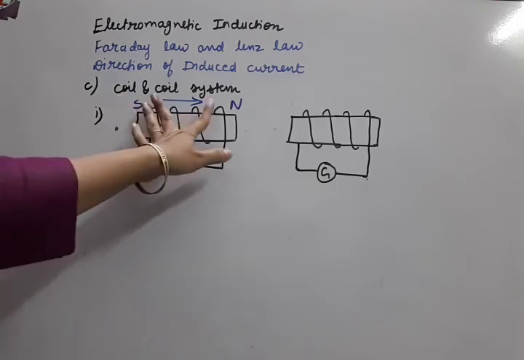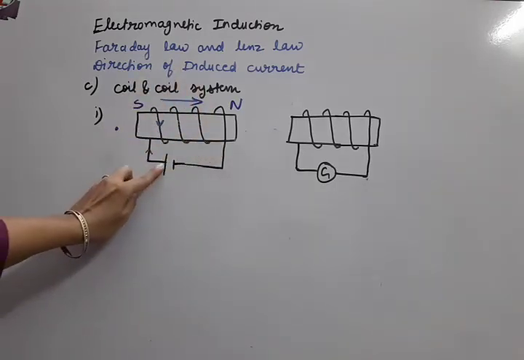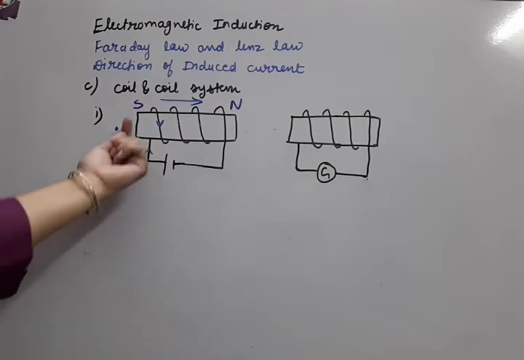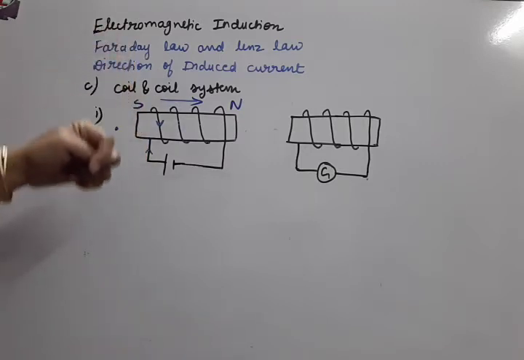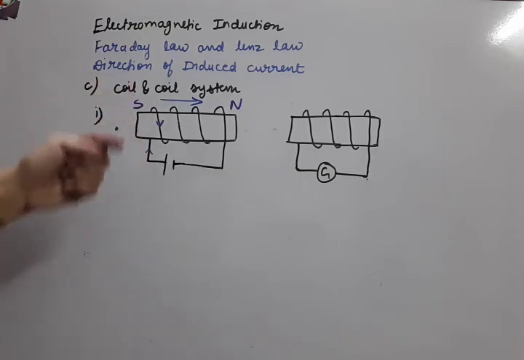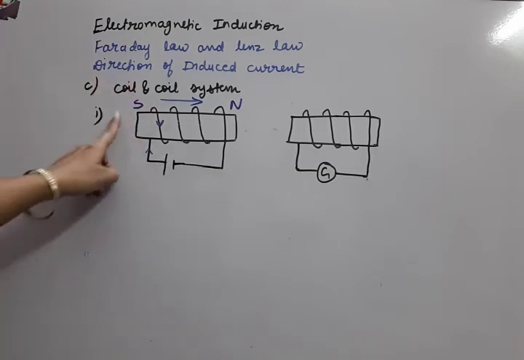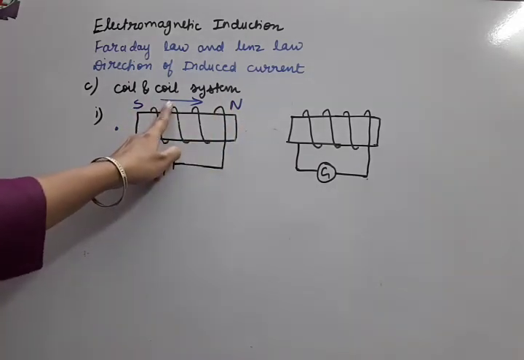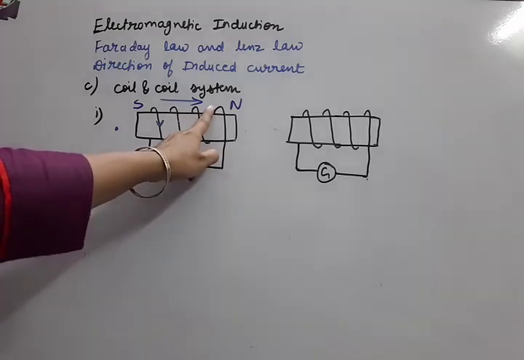Firstly, we have to prepare the poles. Positive is here of the battery. Current will flow from back upward and front downward. So this is clockwise direction of current. So this is south pole, this is north pole.